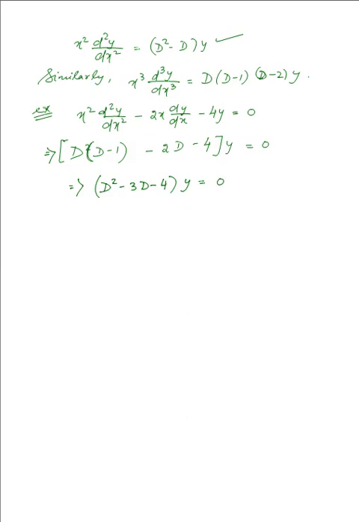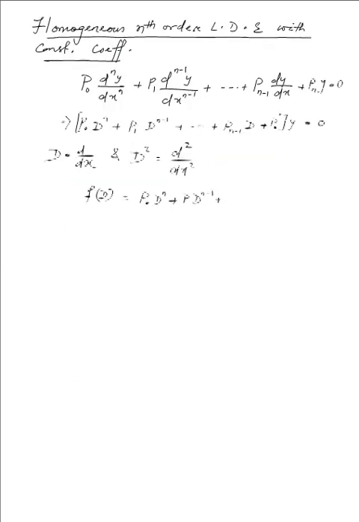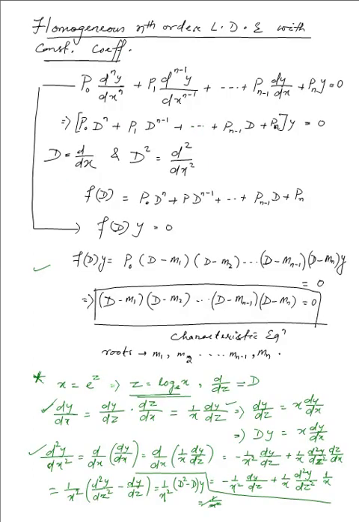And if we go on to factorize this, what we get is d minus 4 times of d plus 1, and that is equal to 0, and we therefore have 4 and minus 1 as the roots, and d minus 4 and d plus 1 multiplied together, they form the characteristic equation exactly in the form that we saw in the previous segment that we were discussing, and which was this right there.